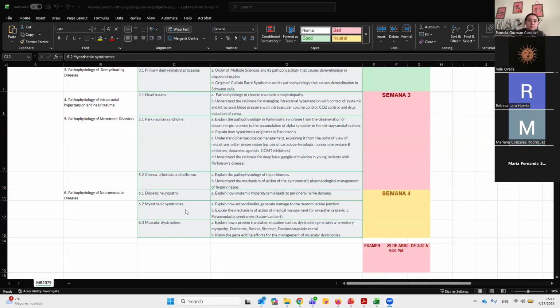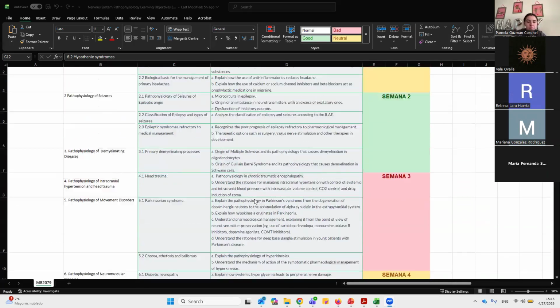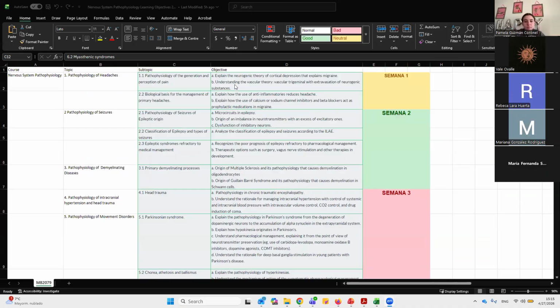What you need to know from these two things, as I told you the other day, for the exam, is to actually answer these objectives. If you know the answer for every one of the things from these objectives, it's going to be easy.